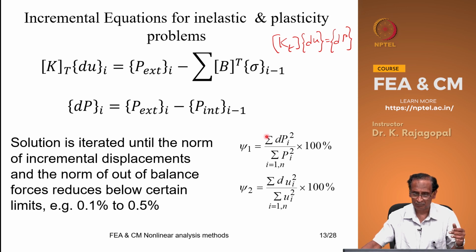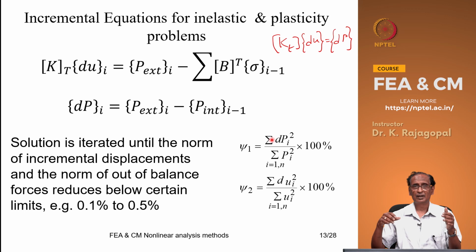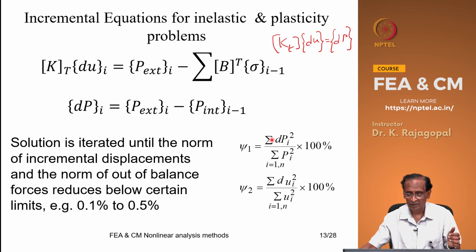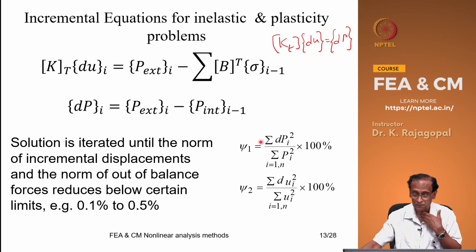We can do it in a global sense by calculating some norm, and this could be a ratio between the squares of all the unbalanced forces divided by the squares of all the applied forces, and this is the numerator. We have sigma of dPi square divided by the applied forces square.